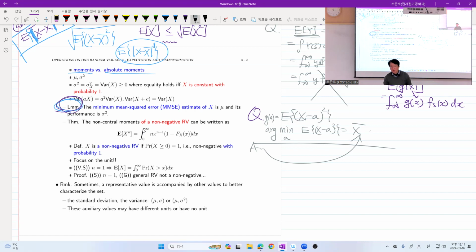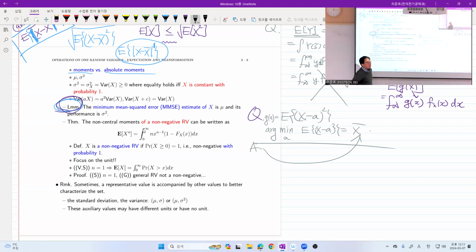It's impossible. However, you want to do that. And now your optimality criterion is what? The mean squared error minimized. See that? This is mean squared. What is that? Error, right?